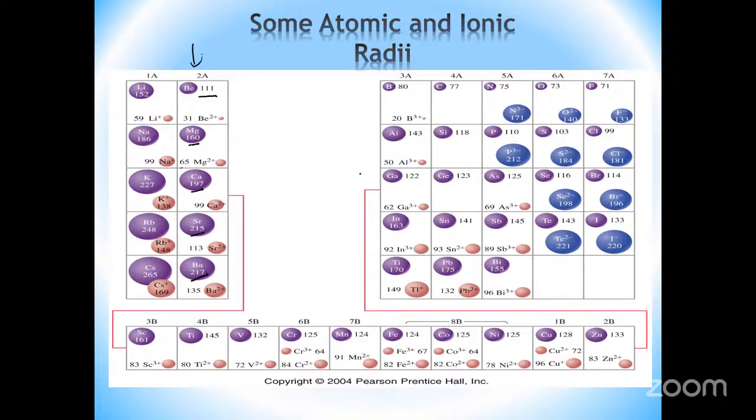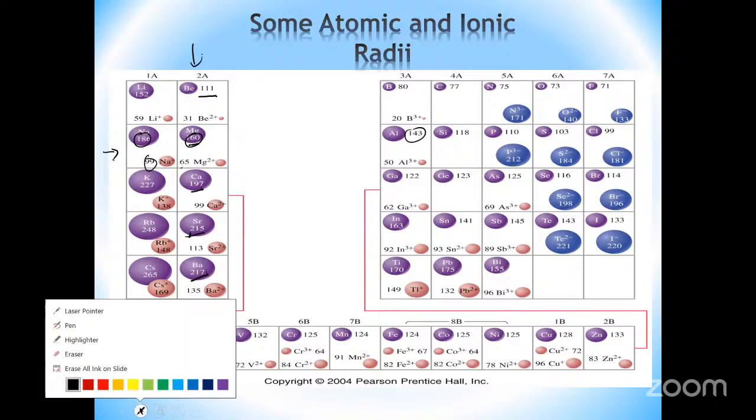You also see a decrease in atomic size as you go across any period. So if you were to take, for example, period 3, which starts with sodium, its size is 186. And then for magnesium, it's 160. And then 143 for aluminum and so on. And you see that it decreases until you get to chlorine, for which the atomic size is 99, all right?